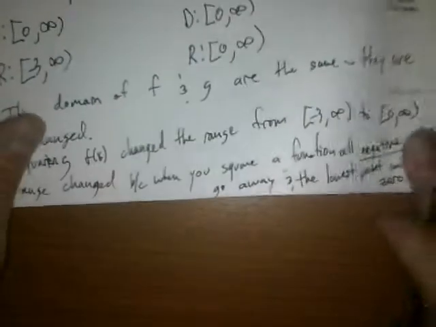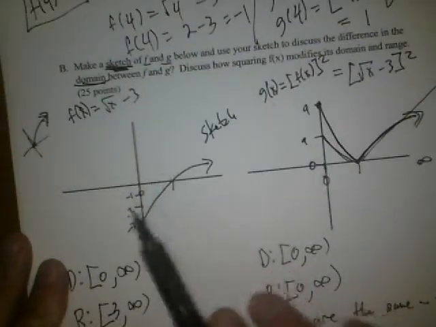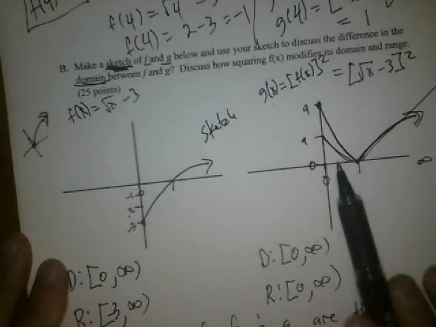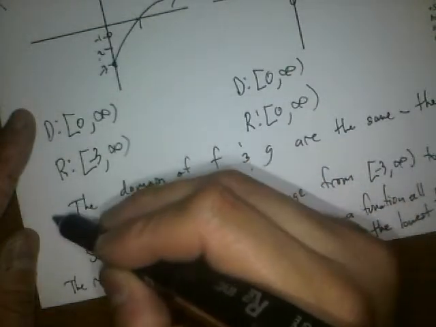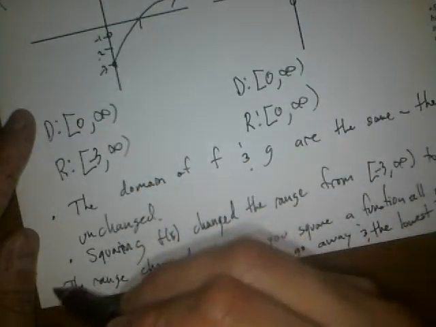So if you can see here, what this means is when I squared this, all the negative values are gone, and the lowest point is going to be the y value of 0. So this part here is talking about the domain, here's the range. This is another option for the range if you like that one better.